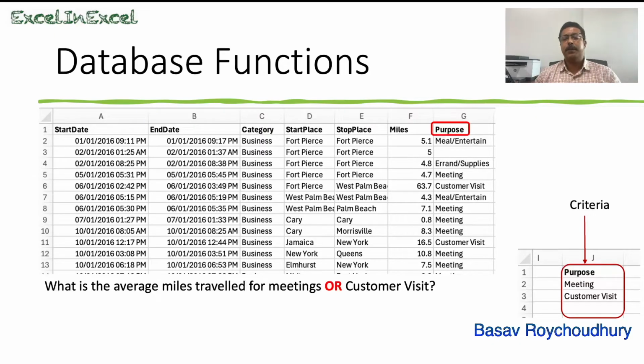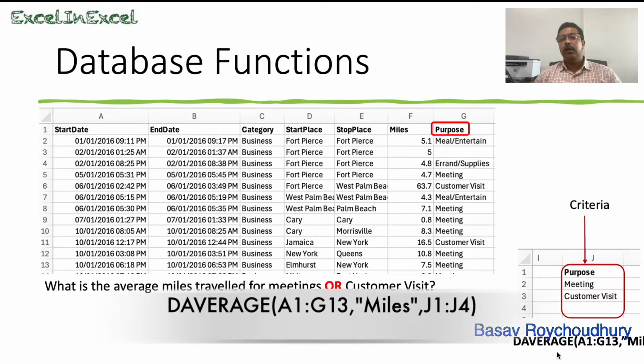The result means basically that the purpose can be meeting, or the purpose can be customer visit, or the purpose can be anything. A blank row basically means that it can be any value, and therefore what would happen? You must have guessed it correctly, now we will get all the miles averaged out, because we said the purpose can be meeting, or customer visit, or anything.